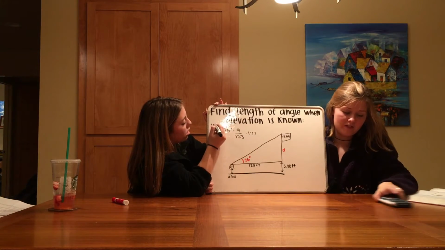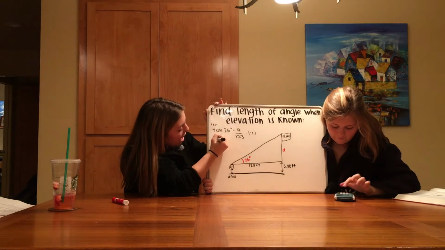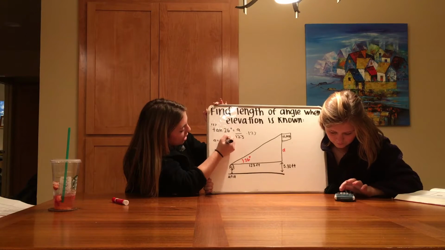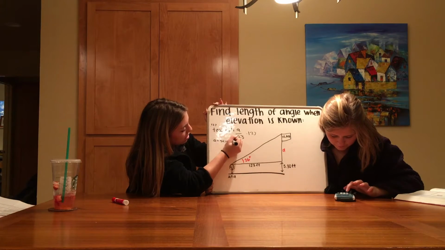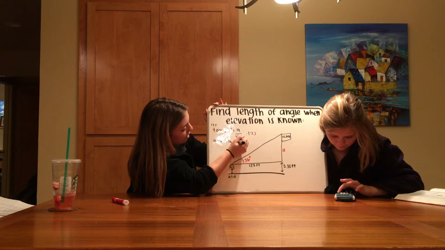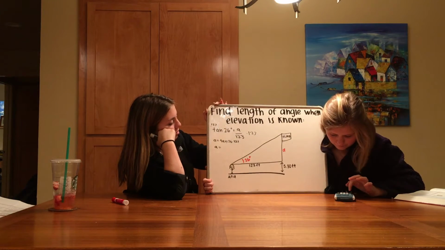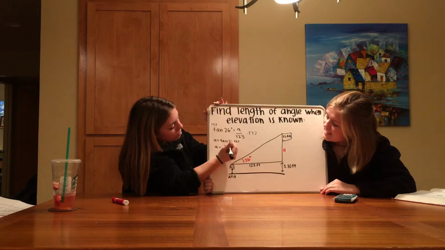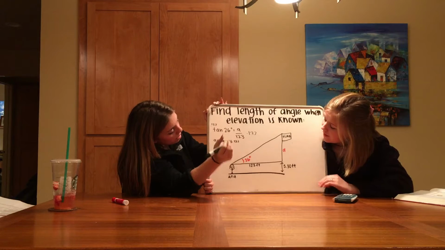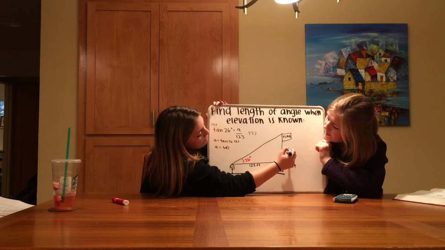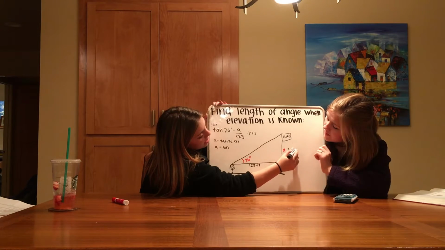So A equals tangent of 26 times 123, which is about 60. So A equals 60.